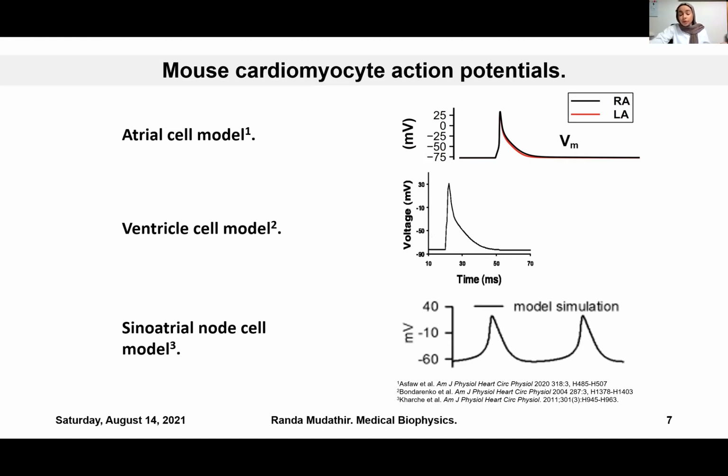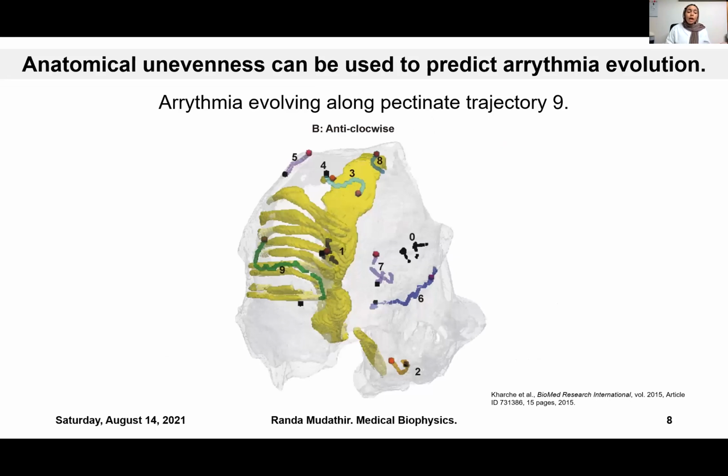This is a bit of a digression from Timothy syndrome, but it's also something that's very important for us if we're trying to understand the underlying disease mechanisms of arrhythmia, and that's anatomical unevenness. In the atria, we have pectinate muscles, which are parallel muscular ridges in the atria of the heart.